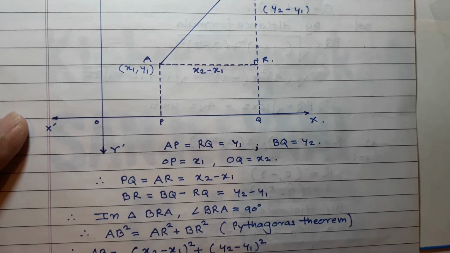And therefore AB square is equal to, for AR you substitute value (x2 minus x1) square, and for BR you write down (y2 minus y1) square, and therefore AB is equal to, taking under root, AB is equal to under root (x2 minus x1) square plus (y2 minus y1) square.